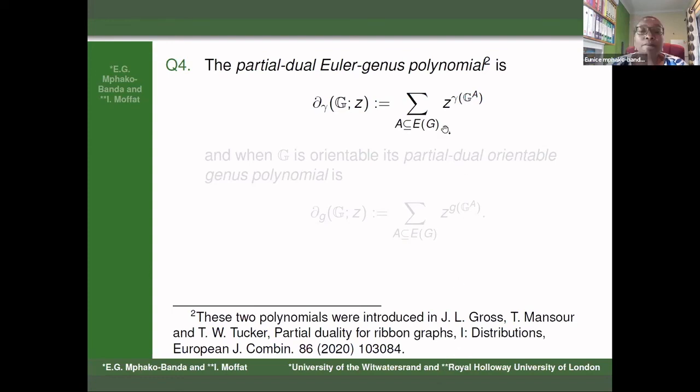And you can see it is denoted by this, and it is just a summation.